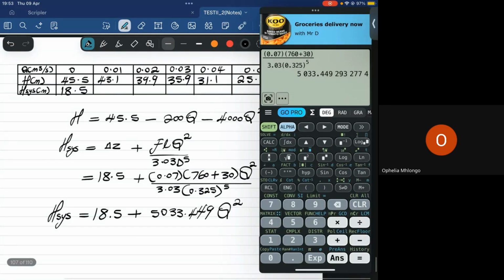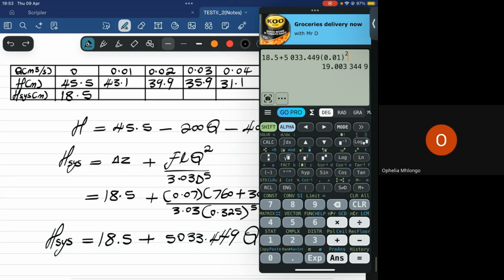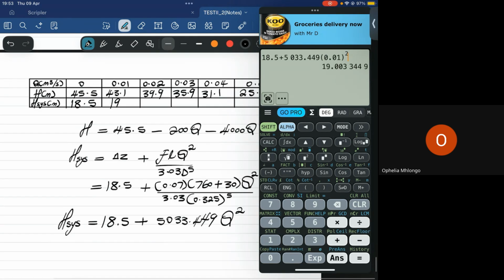Okay, and then this is followed by the second reading of the system curve, which will be what? 18.5 plus 50.449 and then times 0.01, then whole exponent 2. All right, so that is equal to 19 meters.